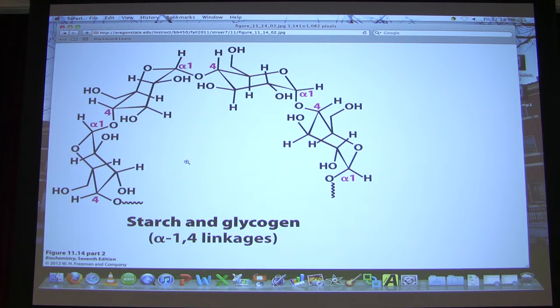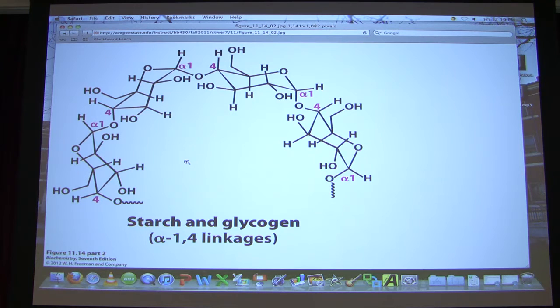It's not called glycogen, it's called amylopectin, A-M-Y-L-O-P-E-C-T-I-N. It's similar to glycogen, but instead of having branches about every 10 residues, amylopectin has branches about every 30 to 50. Not nearly as branched. So when we use the term starch, that's a mixture of those two compounds, amylose and amylopectin.